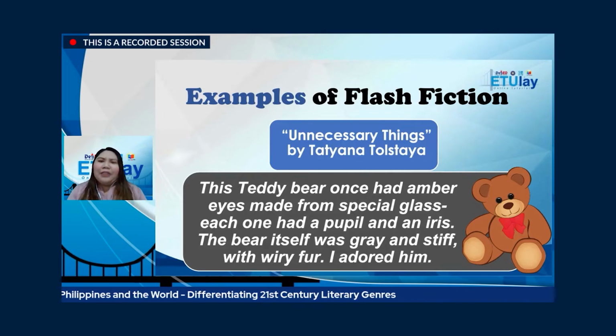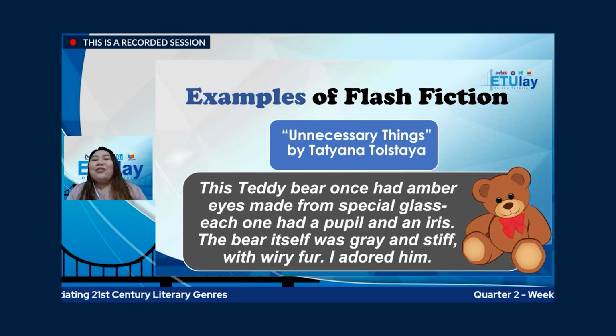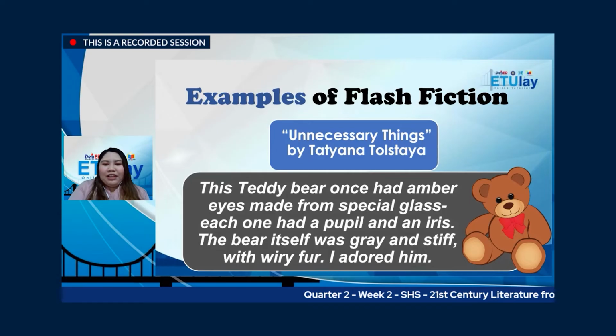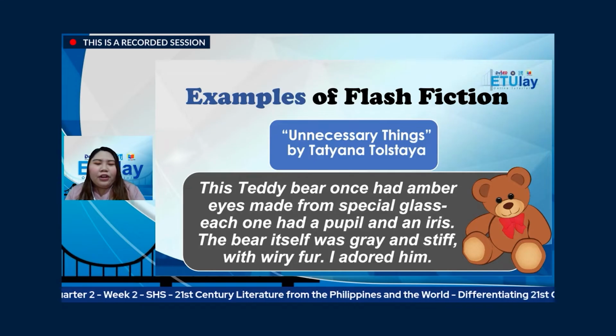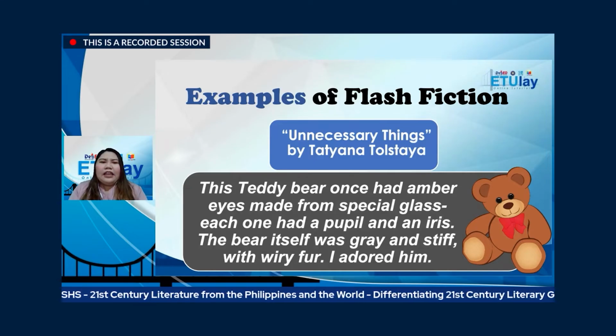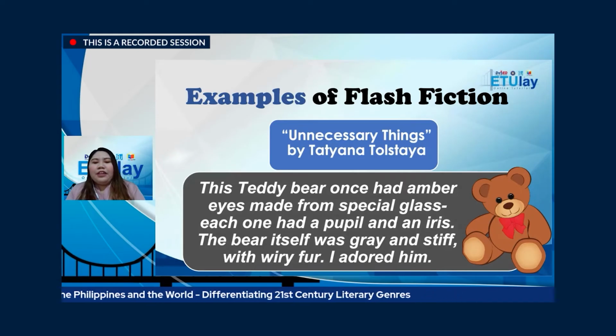I wonder why the bear is not gray in the picture. Okay, regardless of the color, let's just imagine that the gray in the shape is transferred to the teddy bear. You can see in the lines or description that the author was really having this relationship, friendship with the teddy bear.